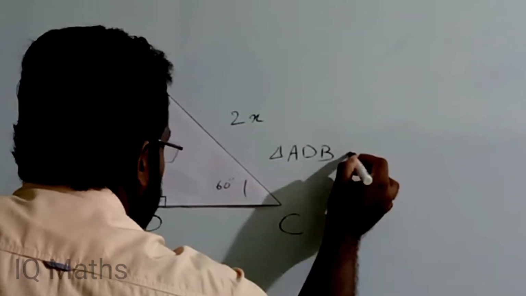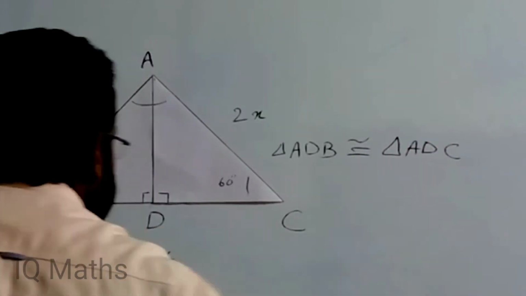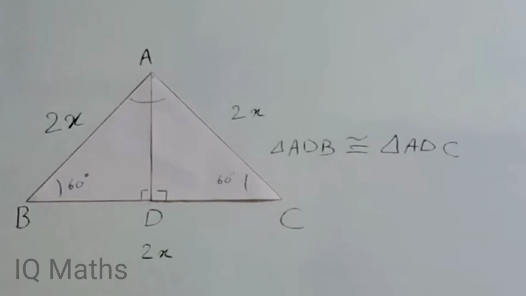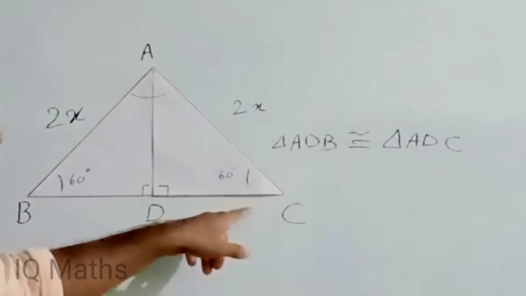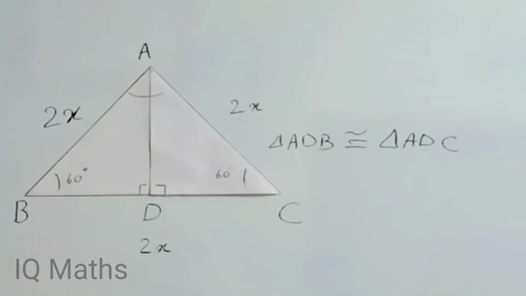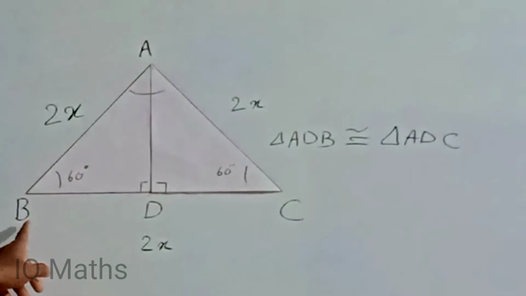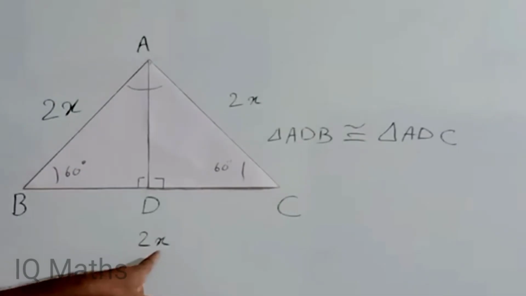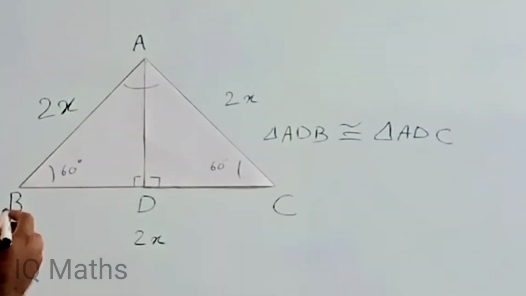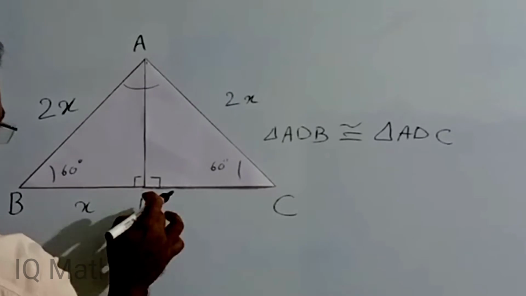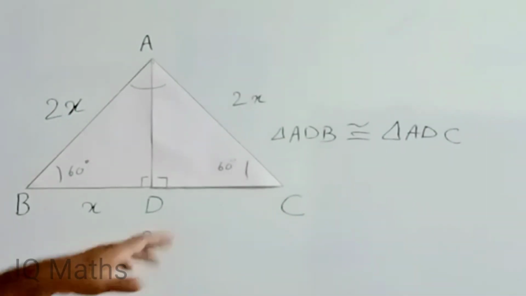That means BD equal to DC, by CPCT, corresponding parts of congruent triangles. We know BC is equal to 2x and D bisects BC. That means BD equal to x and DC is equal to x. Then it will become 2x.